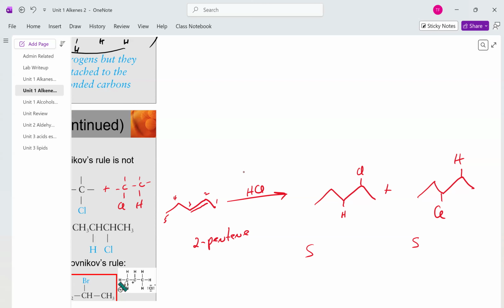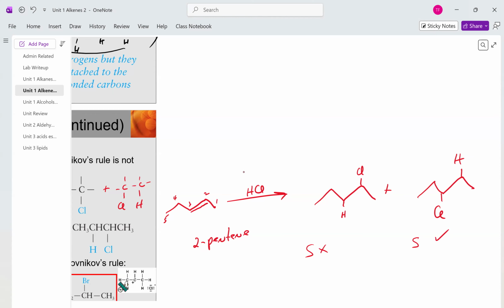The first one is on the second carbon, right? And the one on the right, it's on the middle carbon, carbon number 3. Okay, so the one on the right is more symmetrical about the Cl than the one on the left. One on the left is a little lopsided to the right. The one in the middle, the chlorine is exactly in the middle. So it's more symmetrical than the one on the left.